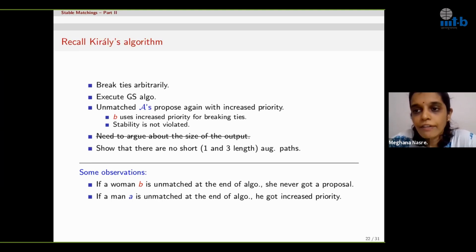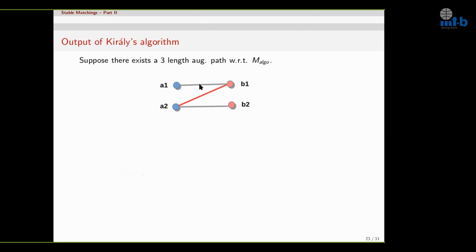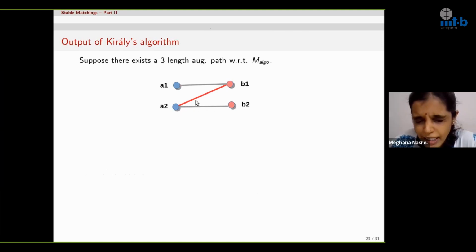After doing all of this, assume that there is still a 3-length augmenting path. The path looks like this. The gray edges are the maximum cardinality stable matching edges, and the red edge is our edge. That is why it is called an augmenting path with respect to the matching that we have produced.